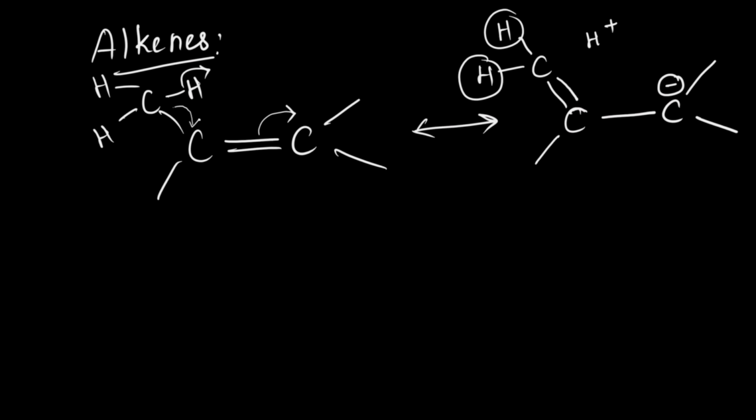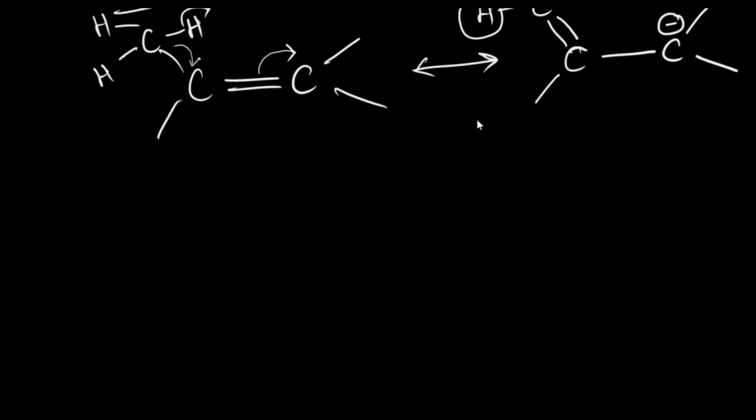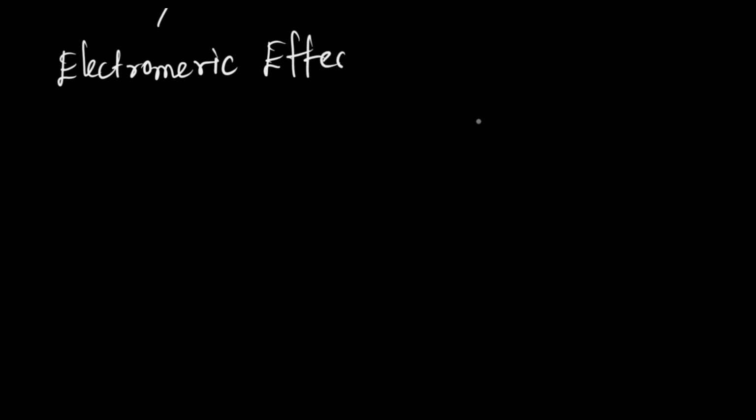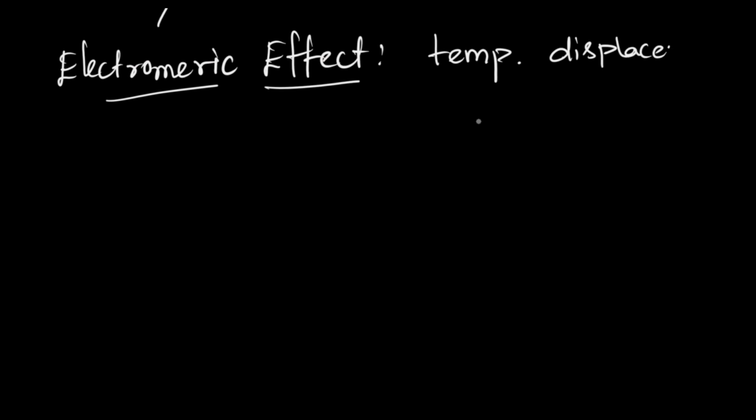In the last effect we are going to see, a very simple effect known as the electromeric effect. Among these four, this is the simplest effect. This is also called temporary displacement. Why is this temporary? Because it is dependent on the incoming group.